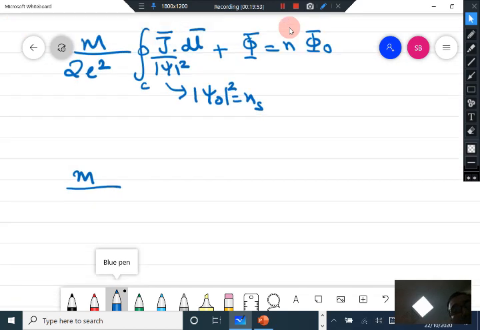We get m by 2e square mod psi naught the whole square, integral over the curve C of J bar dot dl bar, plus phi equal to n times phi naught. This is equal to the integral of ds bar, and this J is the curl of B.